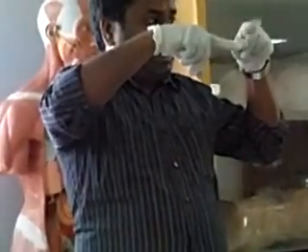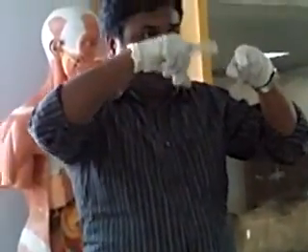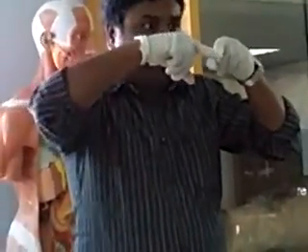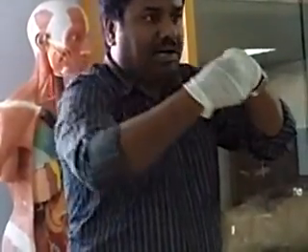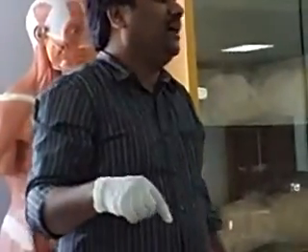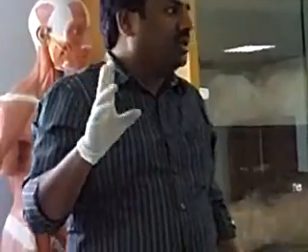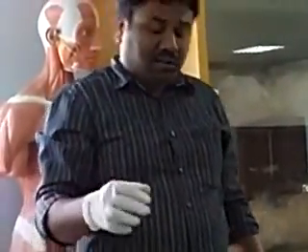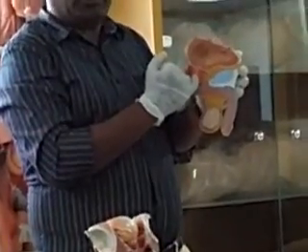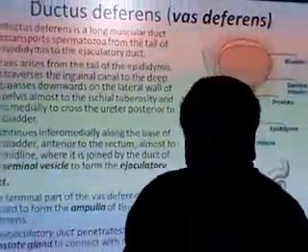The duct of the seminal vesicle comes out and joins with the vas deferens to form a single duct that is called the ejaculatory duct, which pierces through the prostate and then opens into the prostatic urethra. Okay. So that is about the vas deferens.